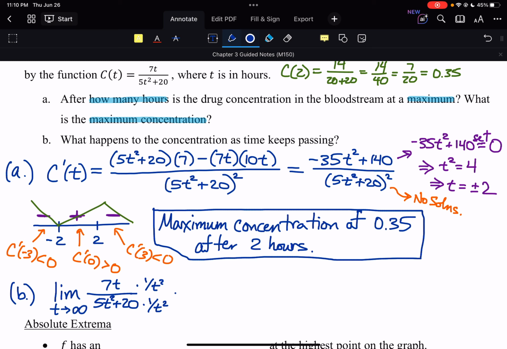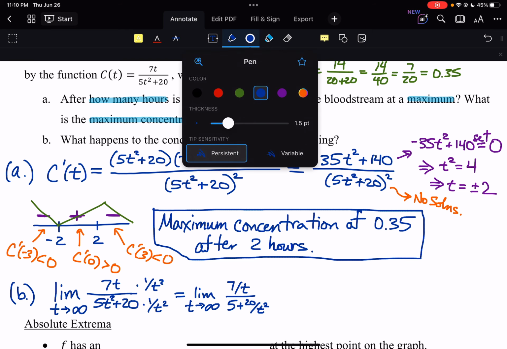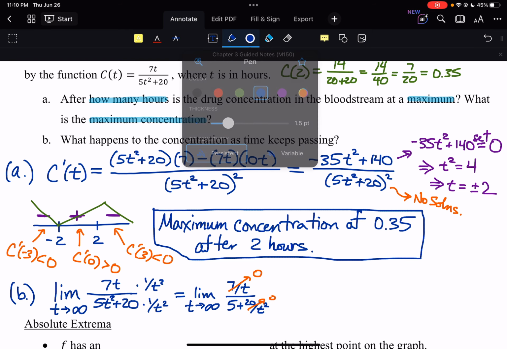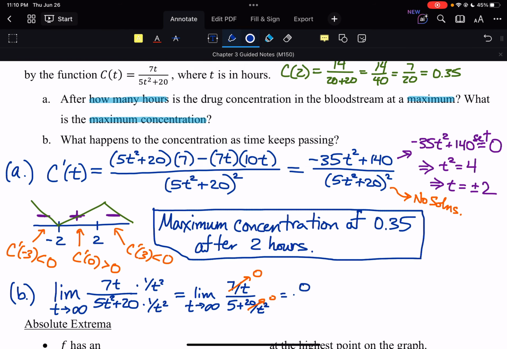So we multiply top and bottom by 1 over that highest power. So we get 7 over t and 5 plus 20 over t squared. So this is heading to 0. That's heading to 0. So this whole thing is heading to 0 over 5, which is 0.